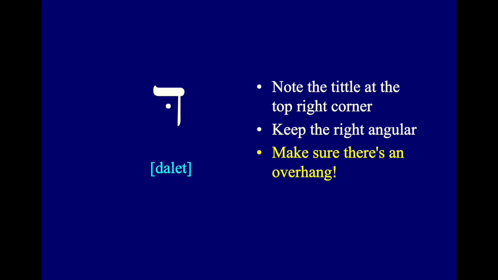But also these little tittles, these little bits of letters that stick out over edges, make you able to recognize this as a D, as a dalet. Keep that angle right. If you look at Kautz-Josberger, they have a way of writing it on page 8, and you'll notice they have that little bit hanging over the edge for the dalet.